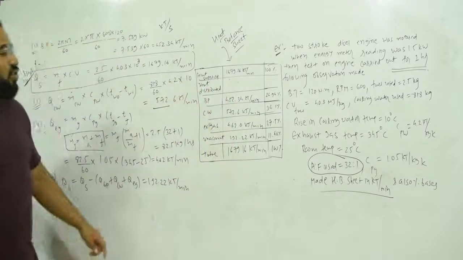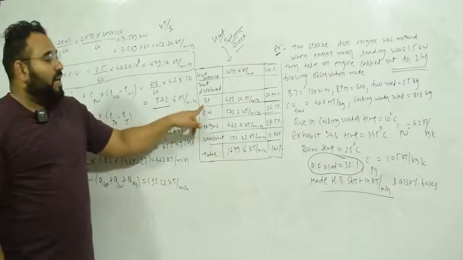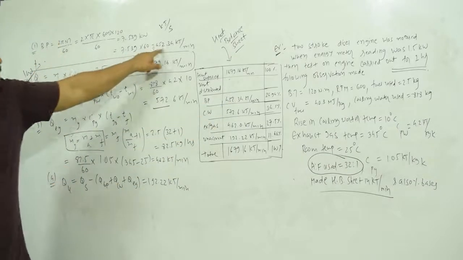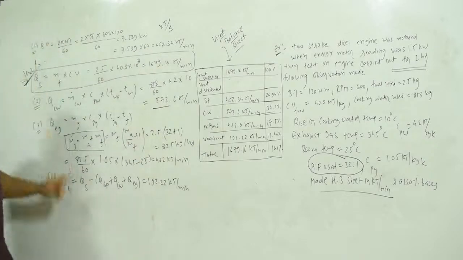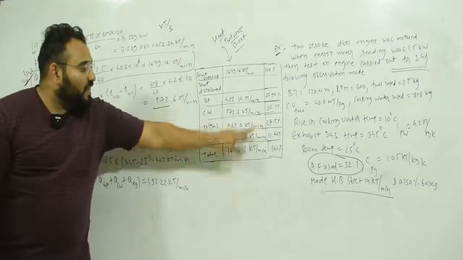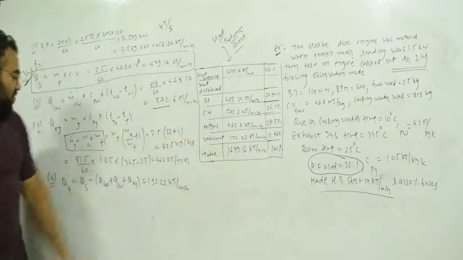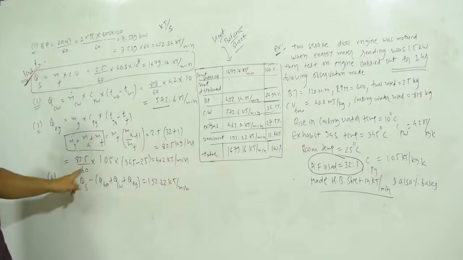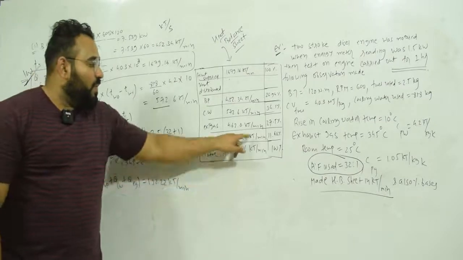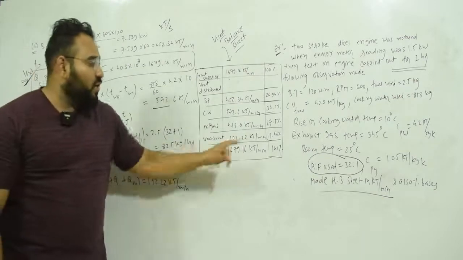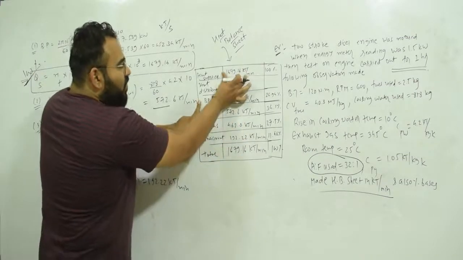Out of which, heat utilized for brake power is 452.34. Then heat loss in cooling water is 572.6. Then heat loss by the exhaust gases is 462 kilojoule per minute. And unaccounted heat losses are 192.22. So this is our spending.